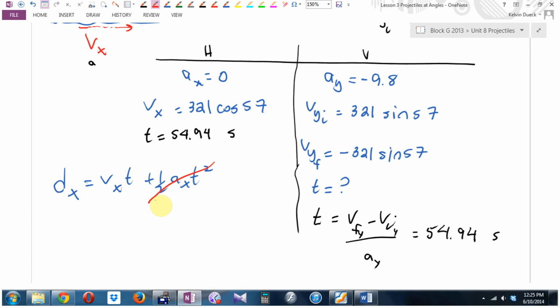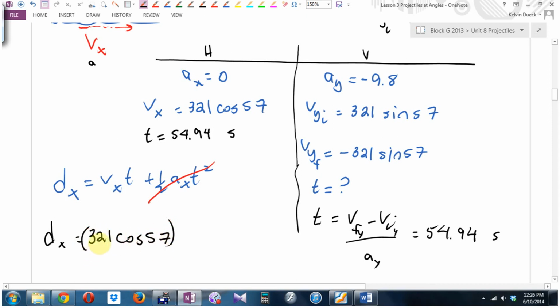We're ignoring air resistance. And even with air resistance, if you're firing a cannon with lots of mass, nice and round, so it's pretty aerodynamic, it's going to be Vx, 321 cos 57, times 54.94.